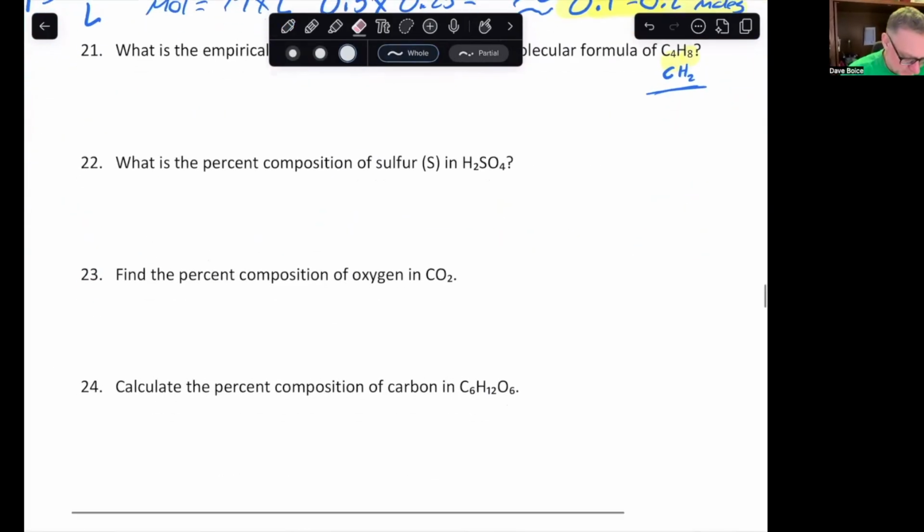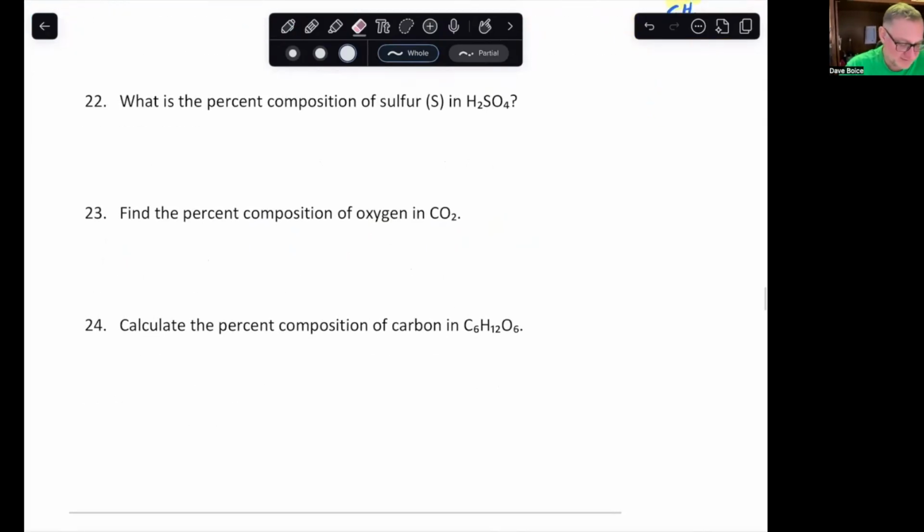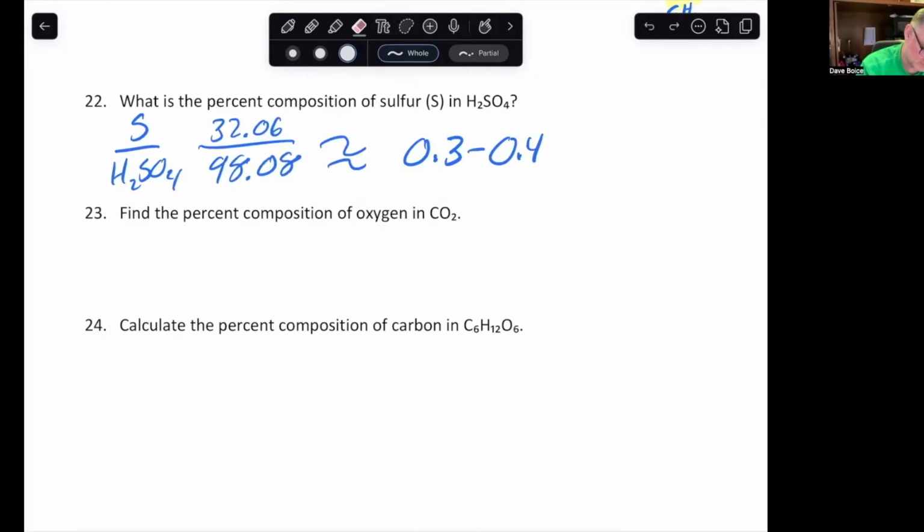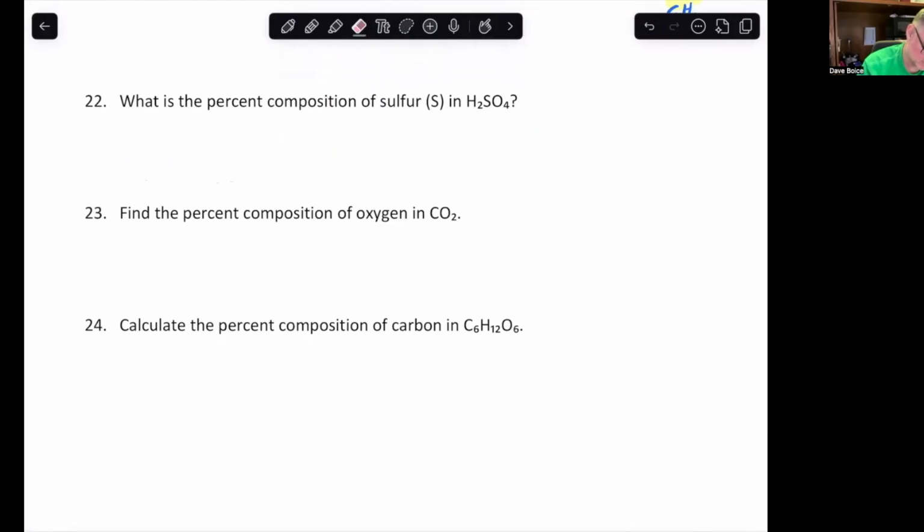Next, number 22. There's actually a lot of percent compositions on here, so you should be pretty much an expert at this by the end. At the end of the day, percent composition comes down to part over whole. So what I want is sulfur divided by H2SO4.